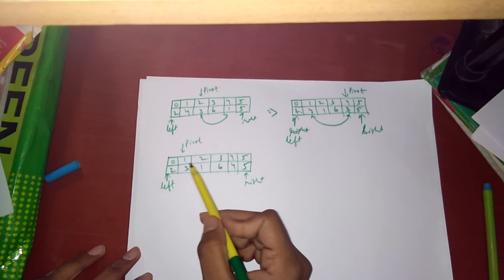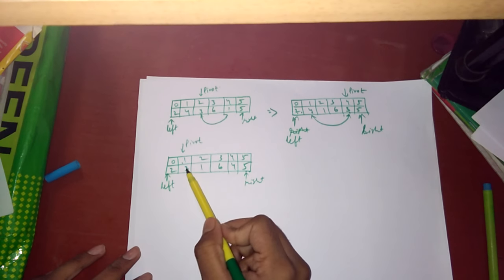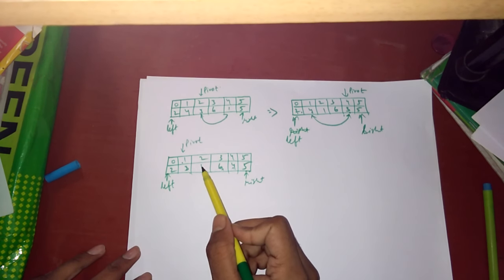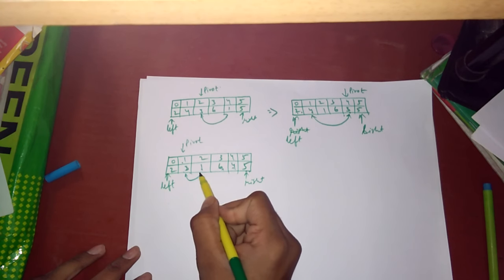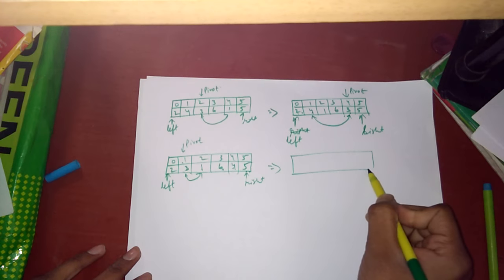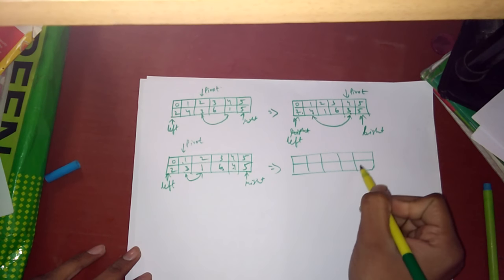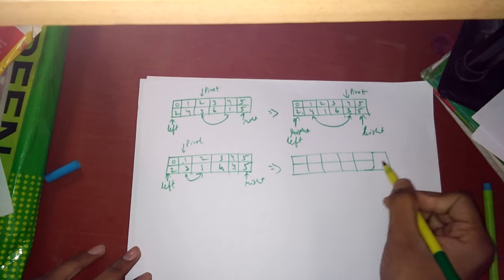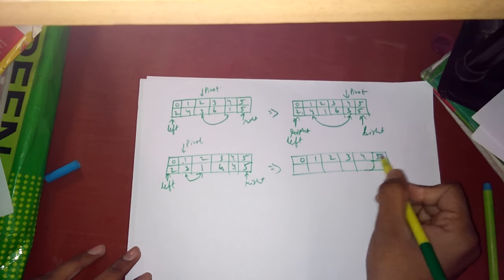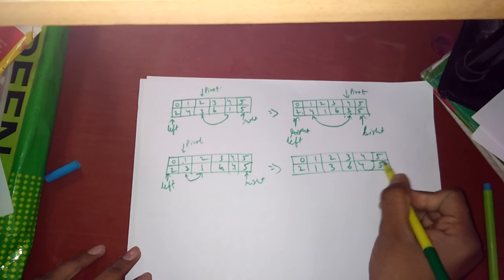Now since the pivot has shifted towards the left, we will start comparing from the right. 5 is greater than the pivot, yeah. 4 is greater than the pivot, yeah. 6 is greater than the pivot. Now 1 is not greater than the pivot, so it will be swapped. 2, 1, 3, 6, 4, 5.